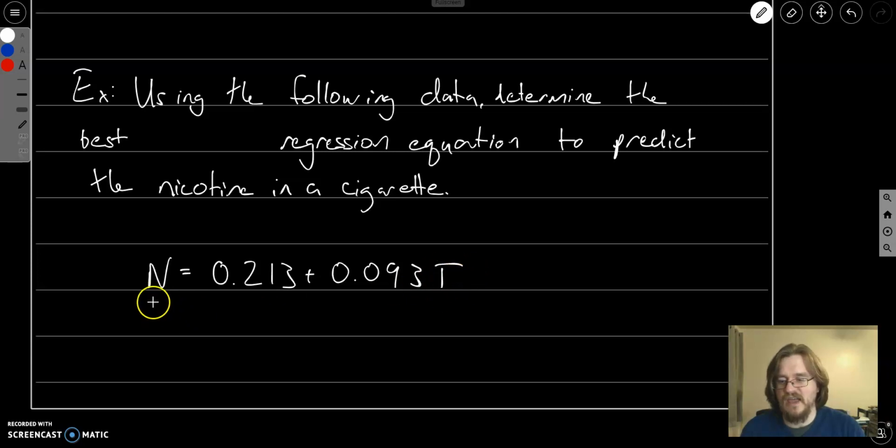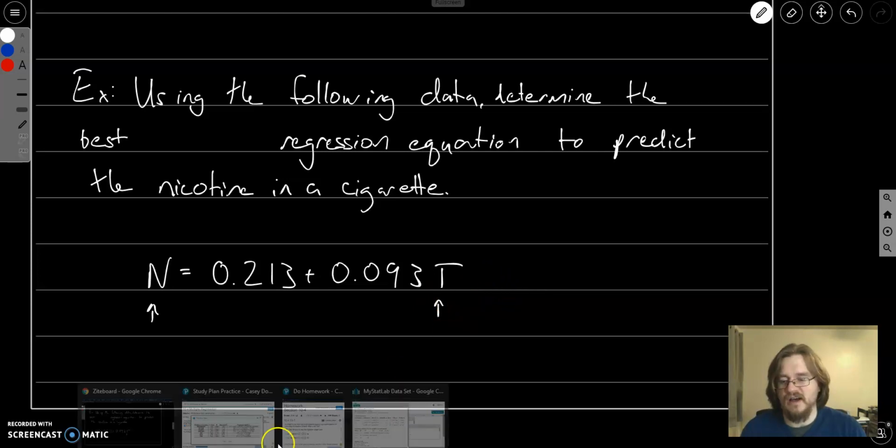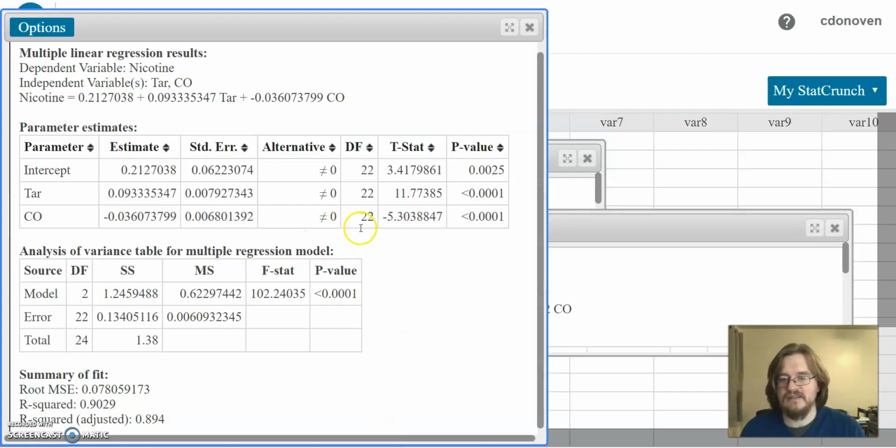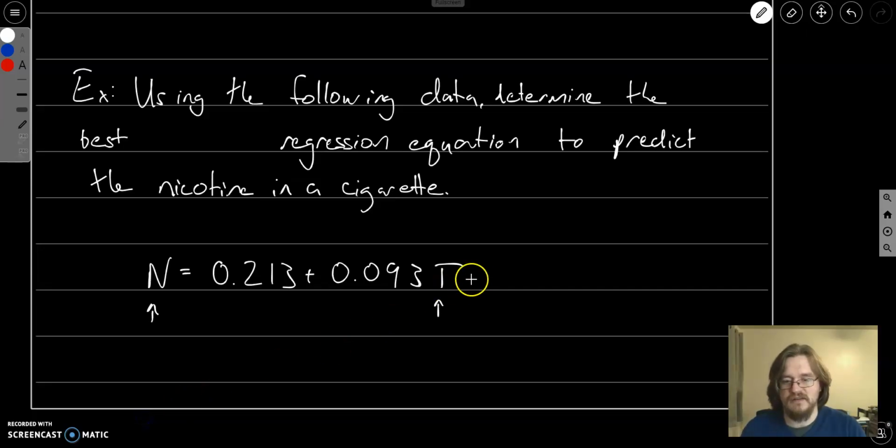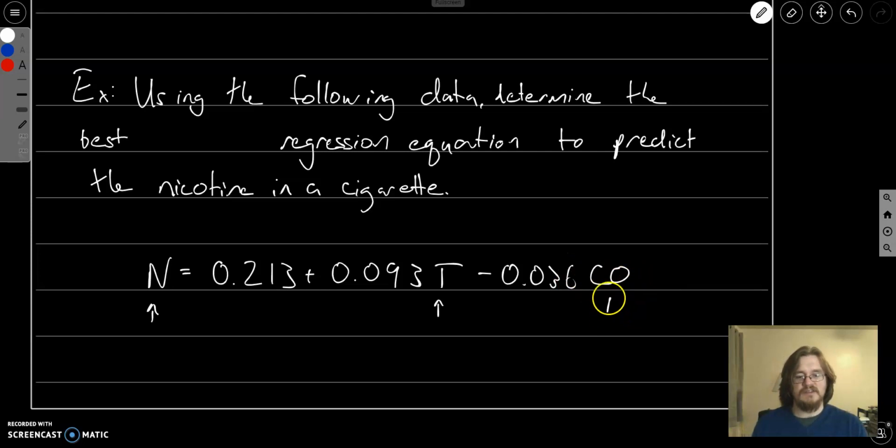I'll just use N for nicotine, T for tar, and then the last one is going to be negative, so we're actually going to subtract 0.036 times the carbon monoxide. The carbon monoxide.